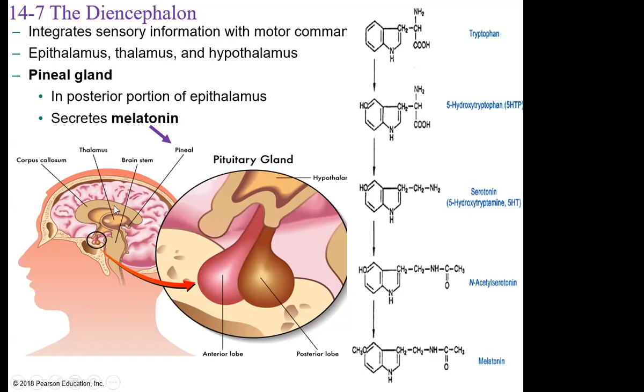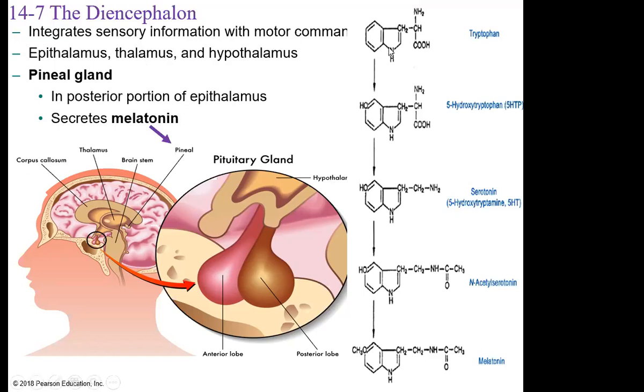Find your corpus callosum, drop down inferior below that corpus callosum, and you will see the pineal gland, which is embedded within the epithalamus. Okay, so it's in the posterior portion of the epithalamus, and this particular gland is going to secrete melatonin. This is where your melatonin is going to come from that helps you sleep at night.